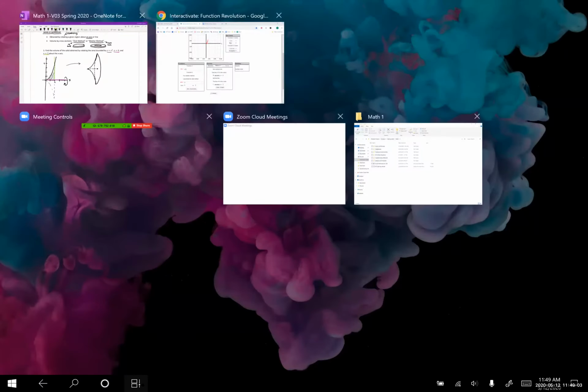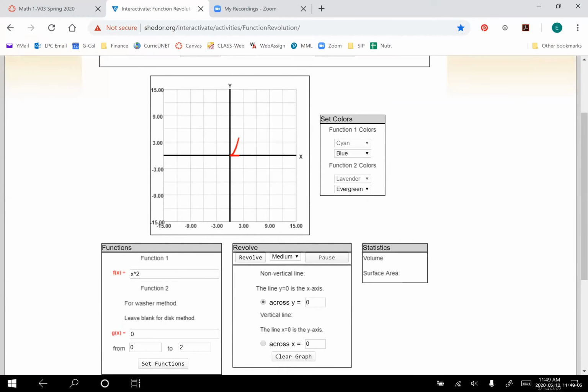So back to the visualizer. Here, they've graphed our little portion of the parabola and the little horizontal portion of the x-axis that's bounding our area. Notice that they didn't put in the vertical line x equals 2. I think it's just hard for the visualizer to graph those vertical lines, but it is cutting off the area there at x equals 2.